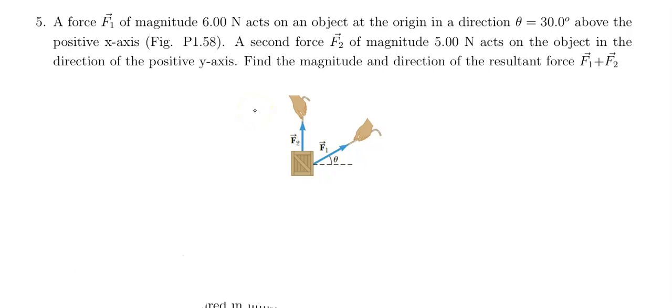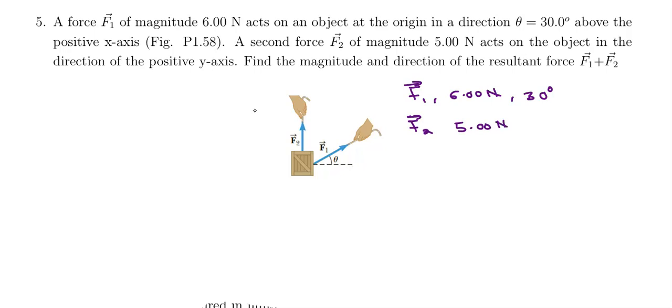Alright, so first we are going to identify force 1. We have been given the magnitude of 6.00 Newton and the direction of 30 degrees. Then force 2 has been given the magnitude of 5.